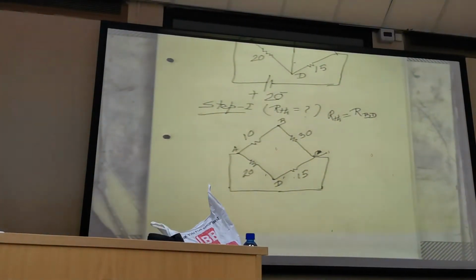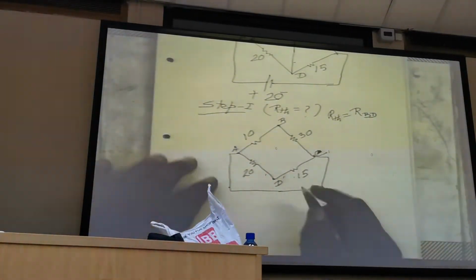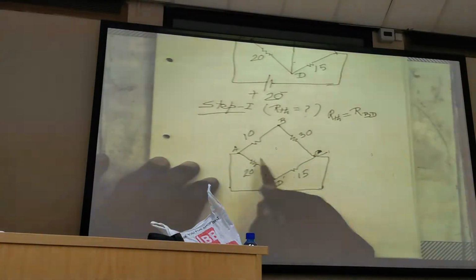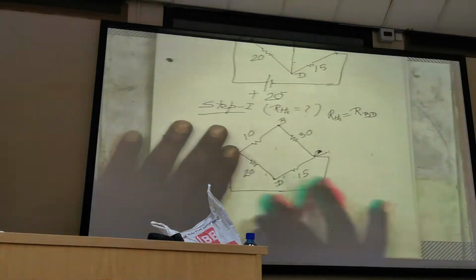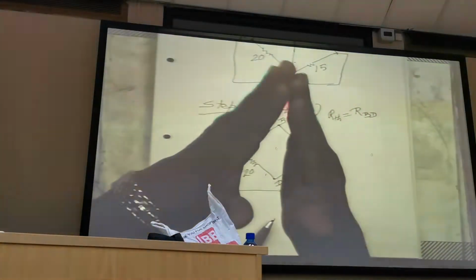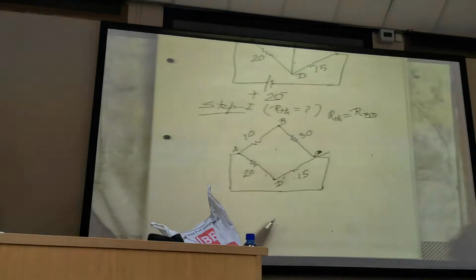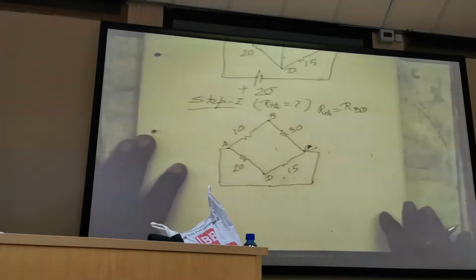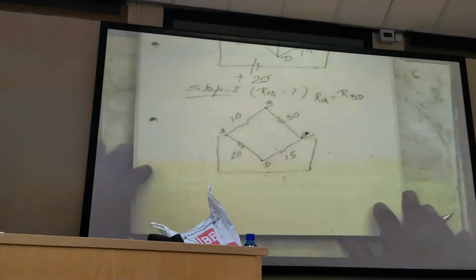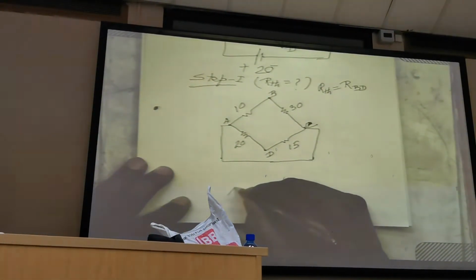If there is no resistance, A and C are short circuited, meaning instead of putting the line here, we can put a line here. Then we can shorten the line, and they will come together. Does it make sense? Let me draw it this way, just to get a little more clarity.